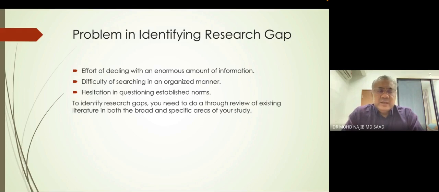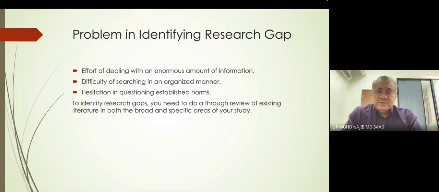And there is no shortcut in identifying a research gap. In order for us to identify a gap of study, we need a thorough review of the existing literature in both broad and specific areas of study.